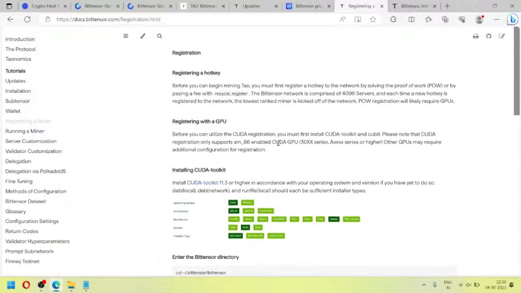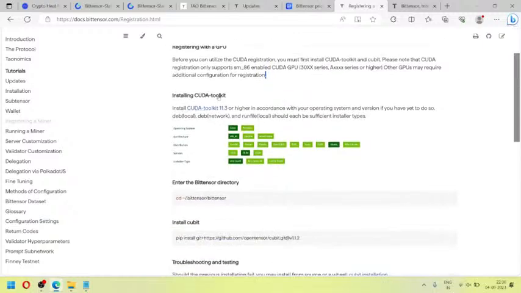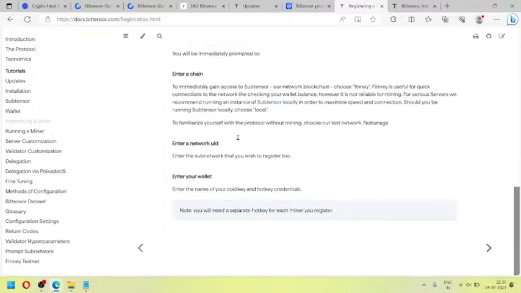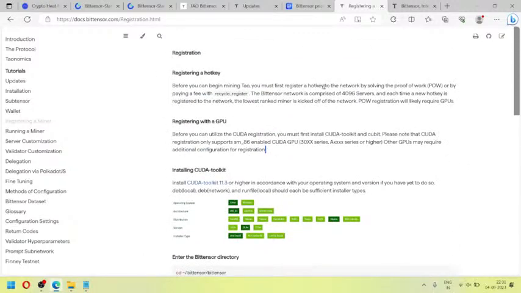If you have this hardware, a CUDA GPU, you can register as a miner. You have to install the toolkit and be active in the miner.